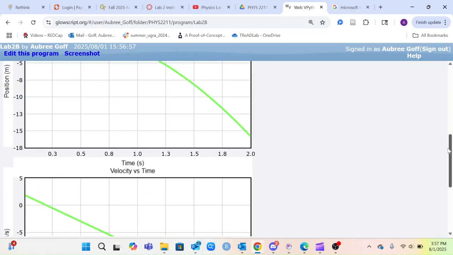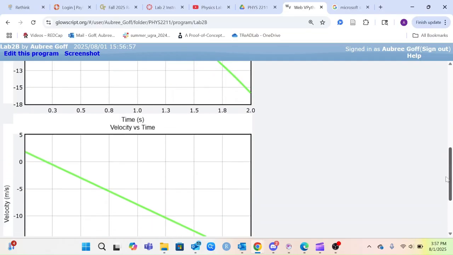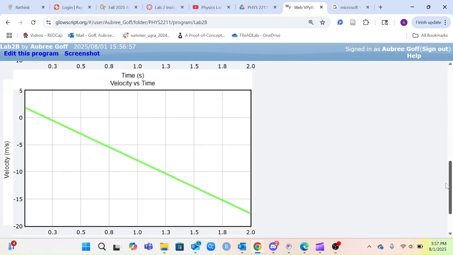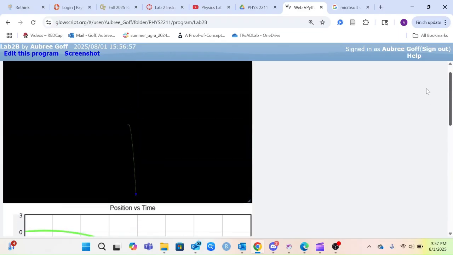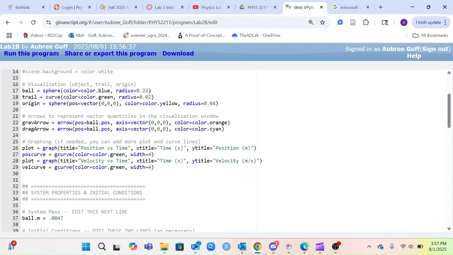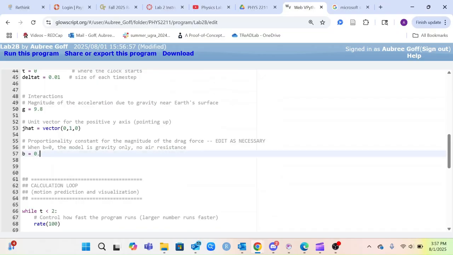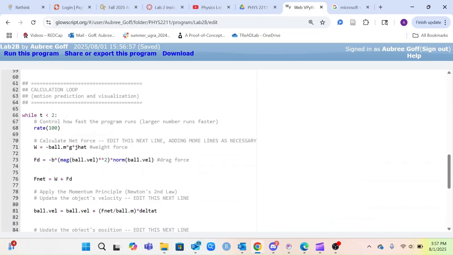You can see a parabolic motion in the position versus time and a linear motion in velocity versus time. And when we include drag into this, when we change our b value, it's going to look something like this.